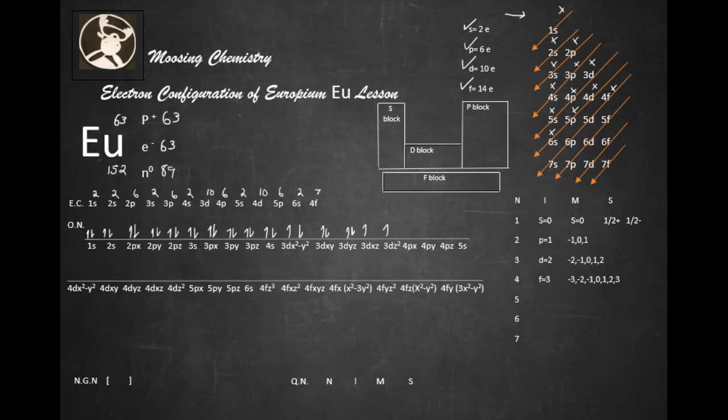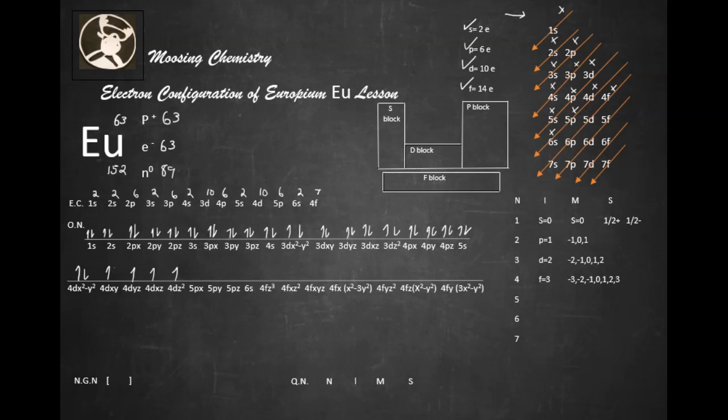Okay, we're almost there. Now 4px, 4py, 4pz. We go up, up, up, then down, down, down. And then we're going to do our 4d10. So 1, 2, 3, 4, and 5.